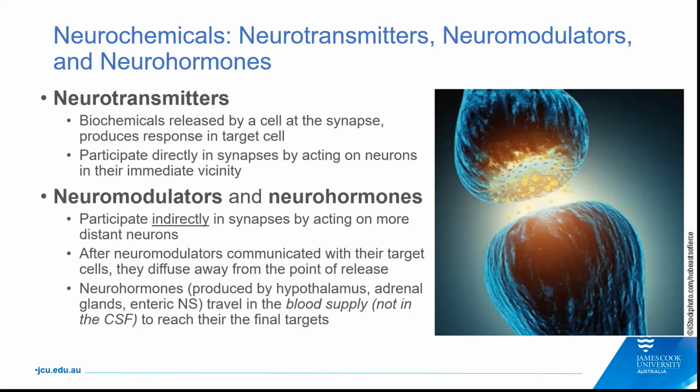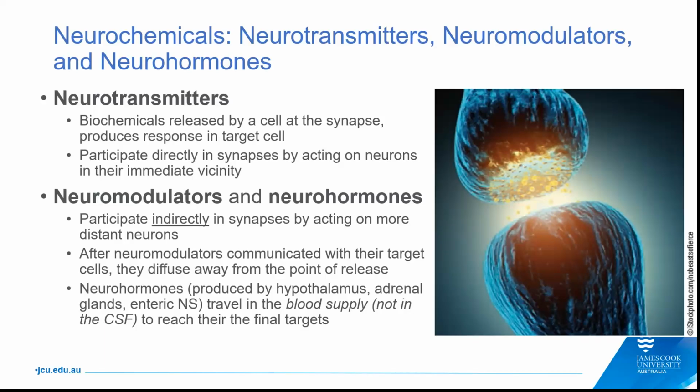Similarly for neuropeptides, but neuropeptides are more in the blood capillaries, in the bloodstream. Always remember that. The last point is that neurohormones are produced by our limbic system, hypothalamus, adrenal glands. Where are the adrenal glands? On top of our kidneys, attached to our kidneys. And our enteric nervous system. They travel in the blood supply to reach their final targets.